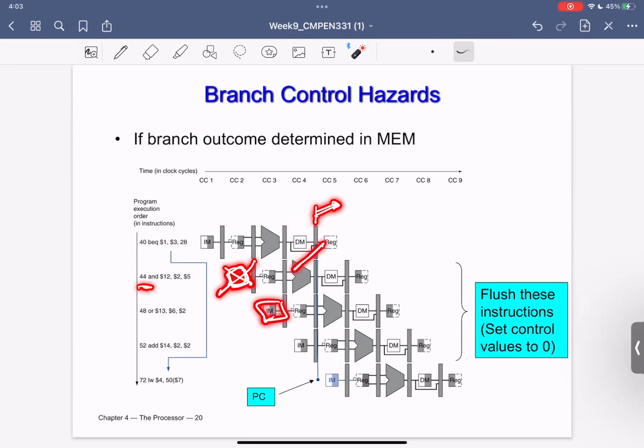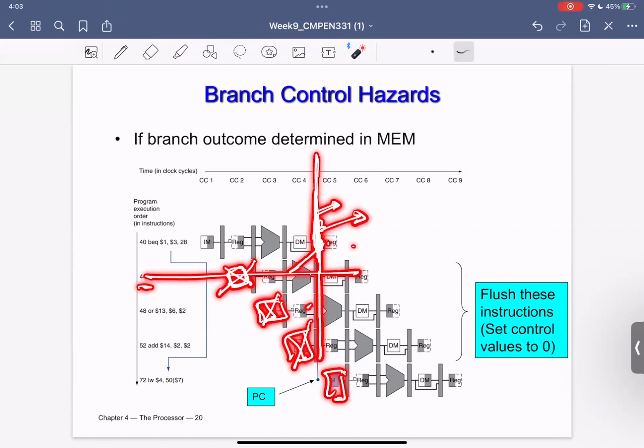If I fetch here, I can't go back. This is wrong. If it is available after that and forward, and I fetch here, it is again wrong. So only after this clock cycle can I fetch the instruction correctly, and I will know exactly whether it is equal or not. So that means that I have to stall 1, 2, 3.